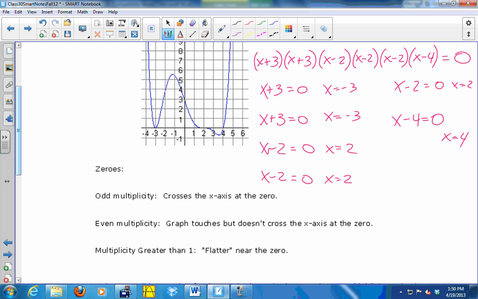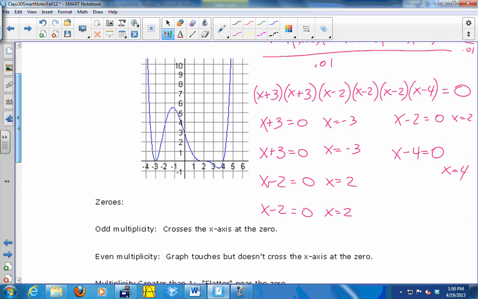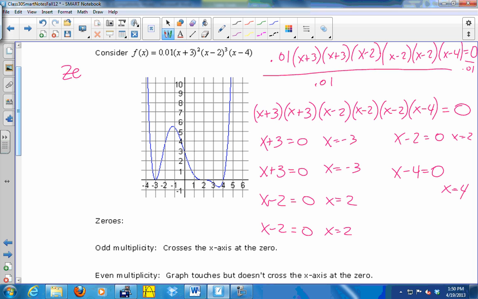So instead of writing down x equals negative 3 twice, we write down x equals negative 3 with multiplicity 2. That's all multiplicity means. So when I list my zeros, I write x equals negative 3, and I just put down multiplicity 2 next to it, meaning that was a factor twice.